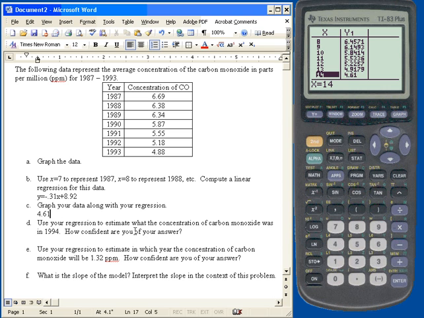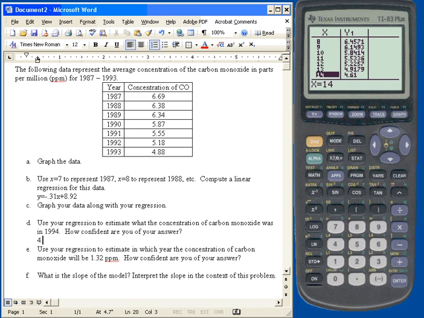How confident am I about my answer? I'm very confident because my R squared value was 0.98, which tells me my line was 98% accurate, and x equals 14 is very close to all the data that we were given. We're not very far away from the data range.